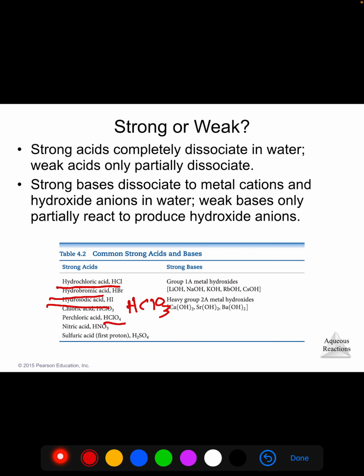And nitric acid and sulfuric acid, which can donate 2 protons, but only the first one. It's H2SO4, and dissolved in water, it produces H plus and HSO4 minus.